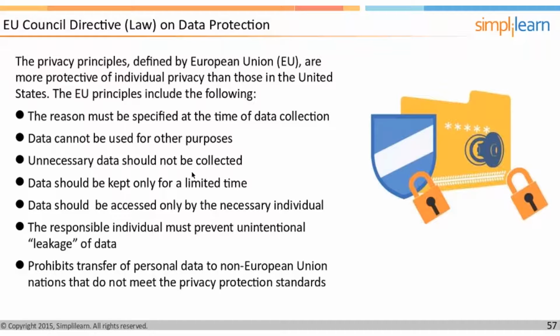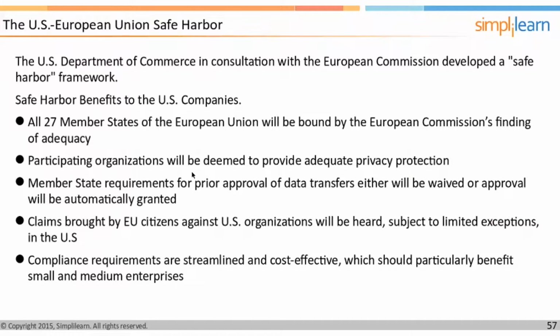So at least in the U.S., the Department of Commerce worked together with the European Commission to develop something called Safe Harbor. This is in the early 2000s. They came up with this framework. So when this framework was in place, what it ensured was that if there was any data transfer requirement, then those approvals would either be waived off or granted automatically.